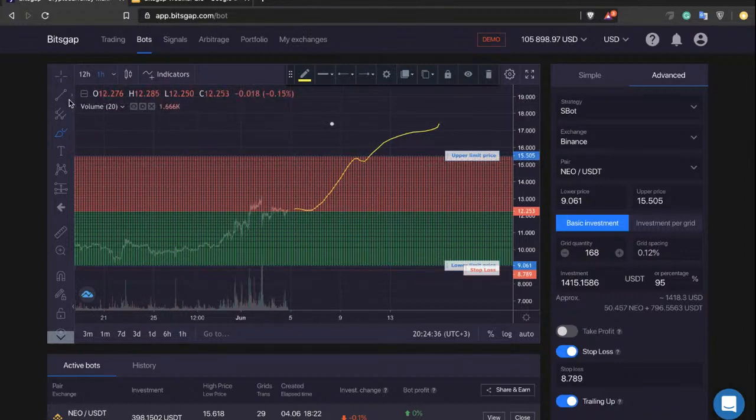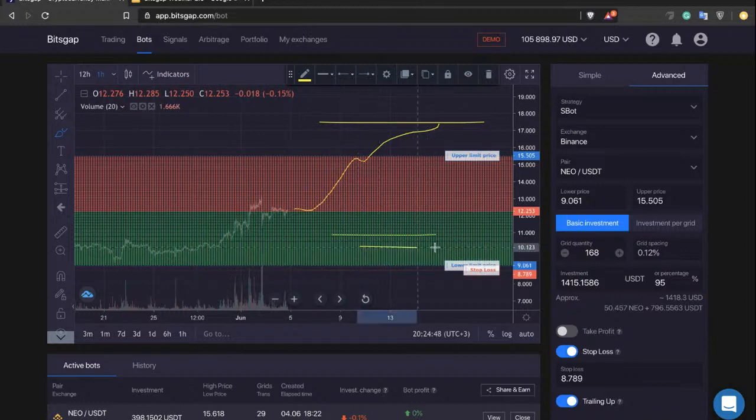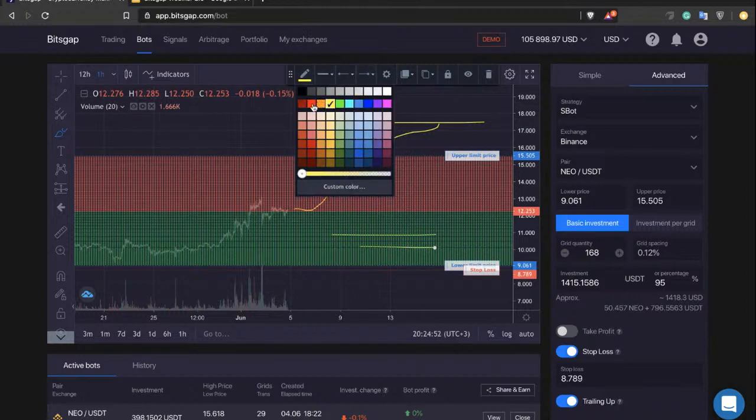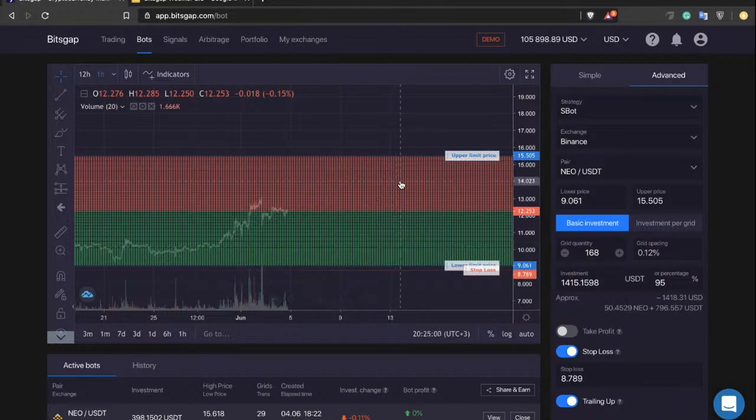So let's say the trading range is now defined by these levels, and in this case the stop loss will be right here. Let's make it red. With trading up, you are only following the price appreciation. You are not following when the market is falling.